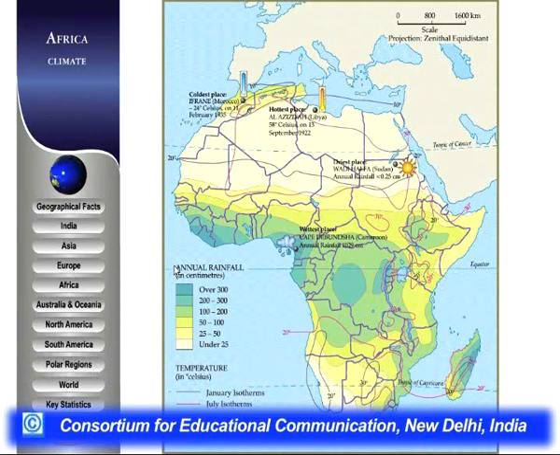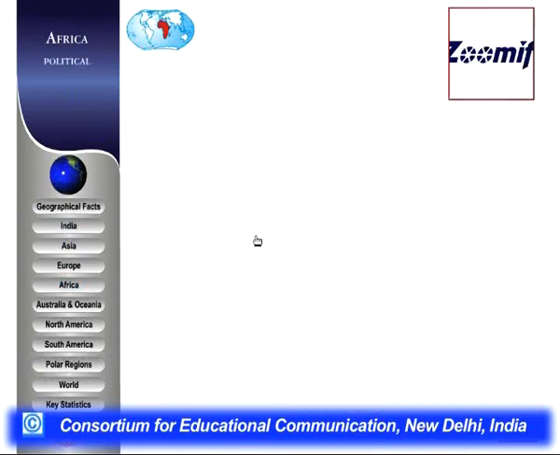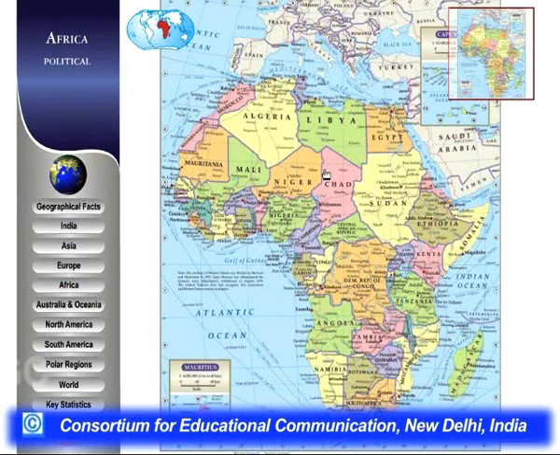First of all, we'll move to the political map, and I would like to say that Africa continent, see the political map of the Africa, there are 33 coastal countries, littoral countries. 33 countries having accessibility to the sea.